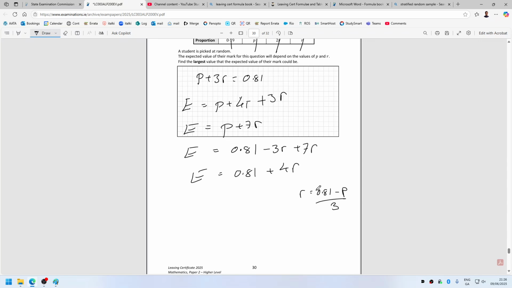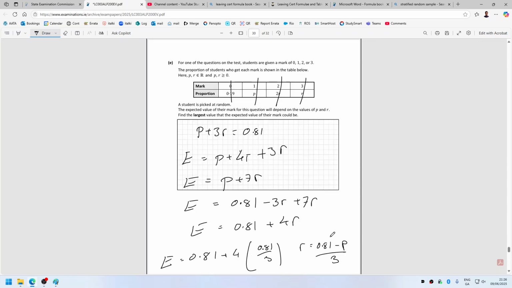So the biggest I can make r is the smallest I could make p, which is 0. Expected at most 1.89.